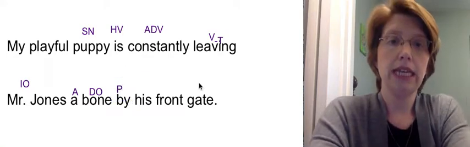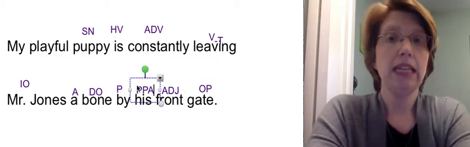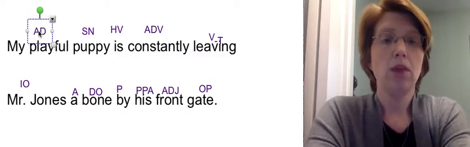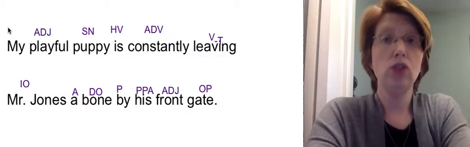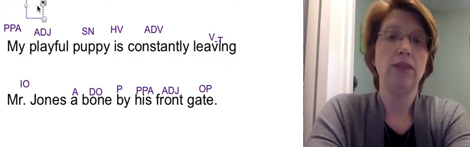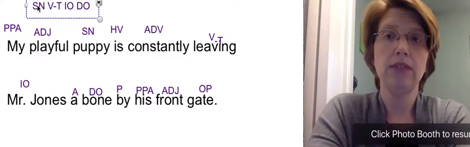By what? Gate, object of the preposition. Which gate? Front, adjective. Whose gate? His, possessive pronoun adjective. What kind of puppy? Playful, adjective. Whose puppy? My, possessive pronoun adjective. Subject, noun, verb transitive, indirect object, direct object, pattern 3, check.